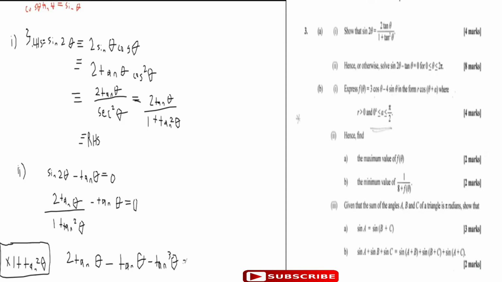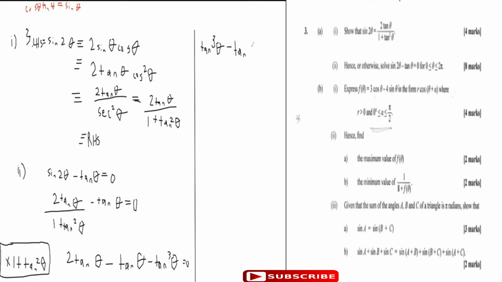So we have a cubic equation in tan. Let's go ahead and solve this. I don't like when this term is negative, so I'm going to multiply through by -1 to rewrite it as tan cube theta. Now 2 tan theta minus tan theta is tan theta, but since I multiplied through by -1, it becomes minus tan theta.